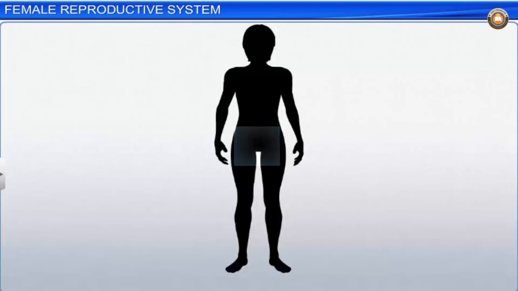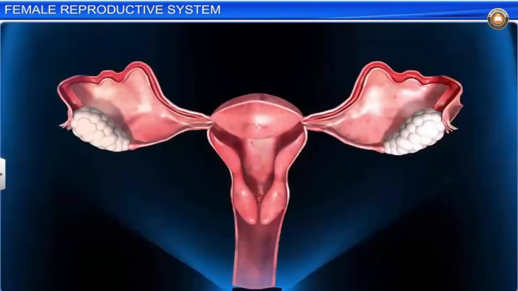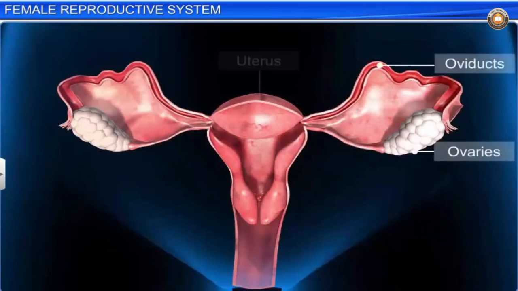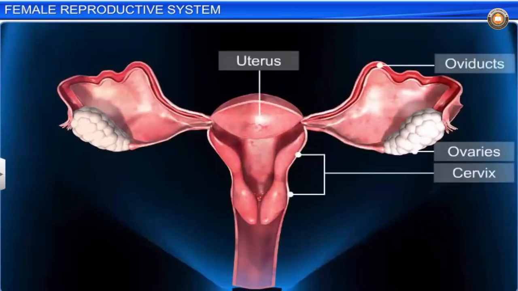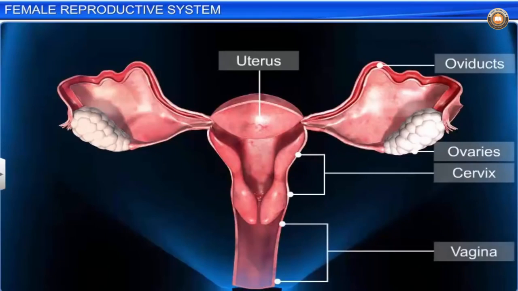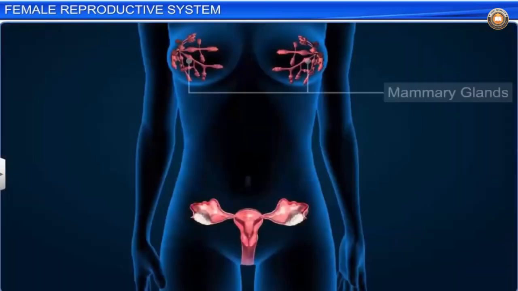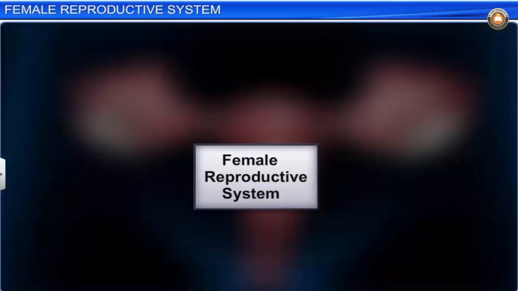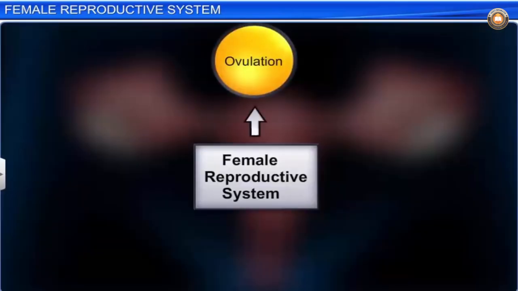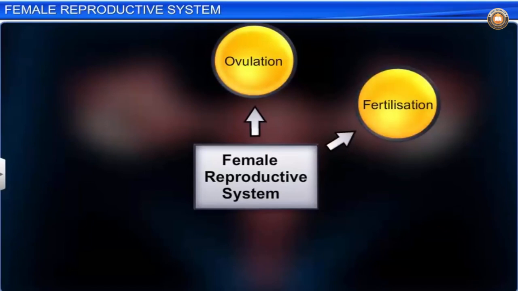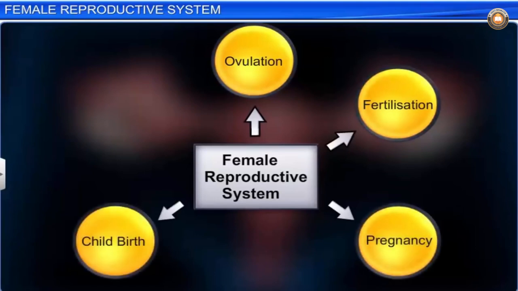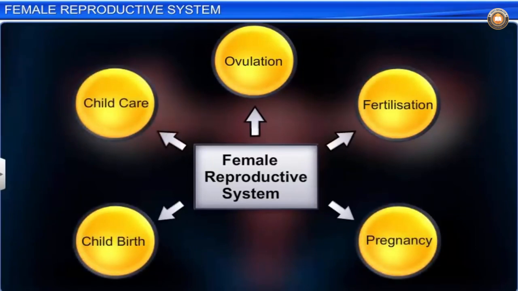The female reproductive system includes the ovaries, oviducts, uterus, cervix, vagina, and the external genitalia located in the pelvic region. Along with a pair of mammary glands, it supports the process of ovulation, fertilization, pregnancy, childbirth, and child care.